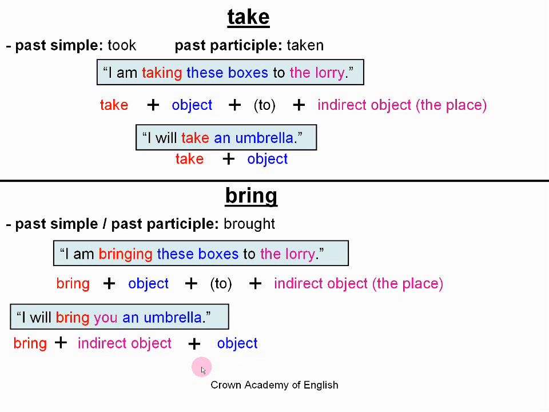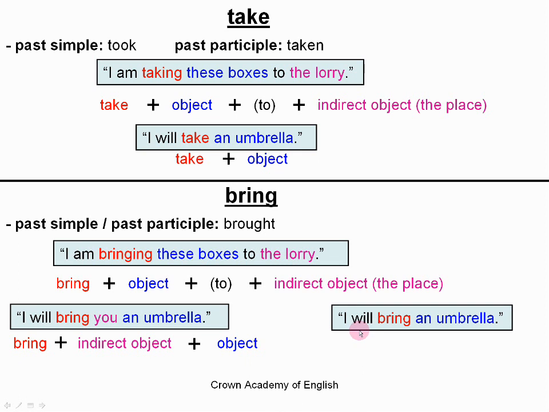The third type of structure is the most simple one. Again, we can just have the verb bring and then the object. If we do not need to specify the place or the destination, we can just say, I will bring an umbrella, for example.